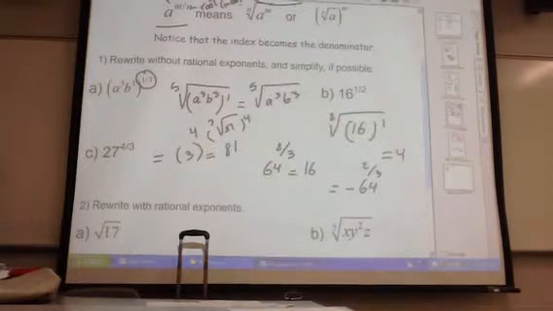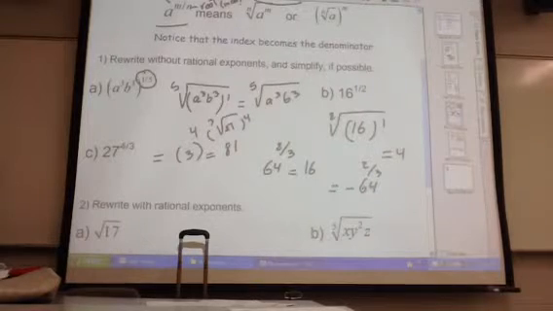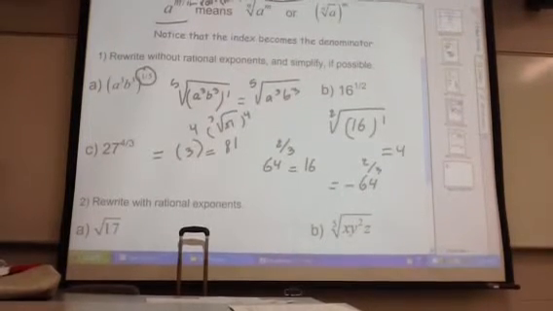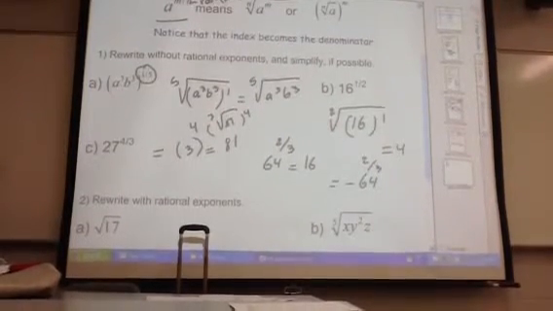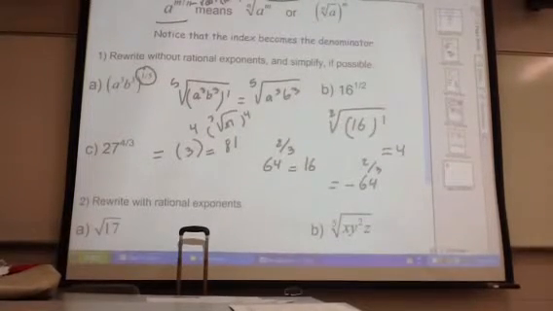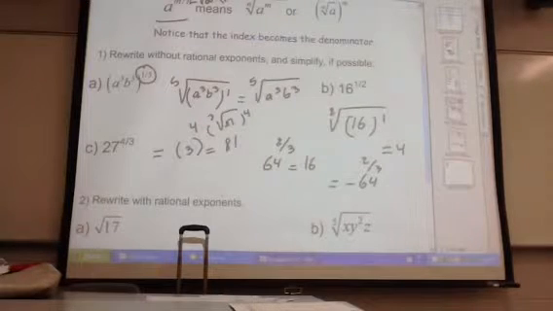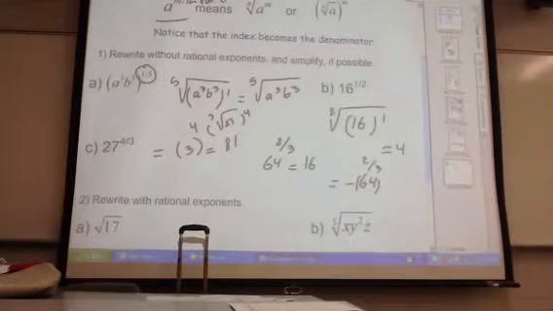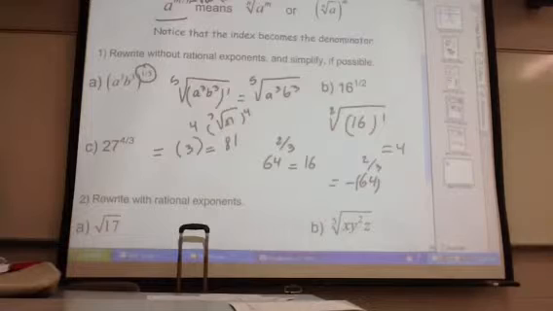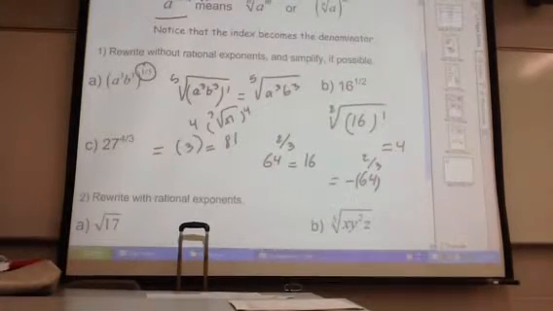Look, if they wanted that negative, they would put it in the parentheses. Correct? If they give you this, you work out 64, but in the end add that negative. Because that negative looks like it is separated like this. It's just 64 to the power of 2/3, not negative 64.